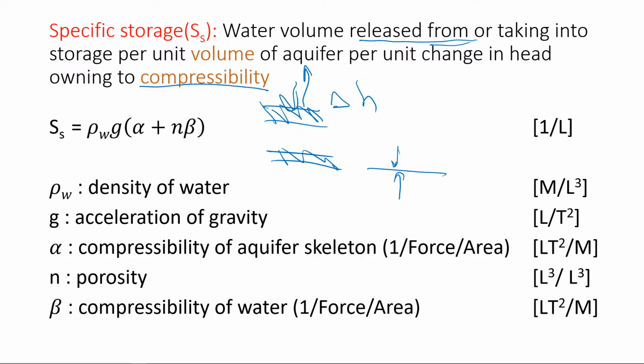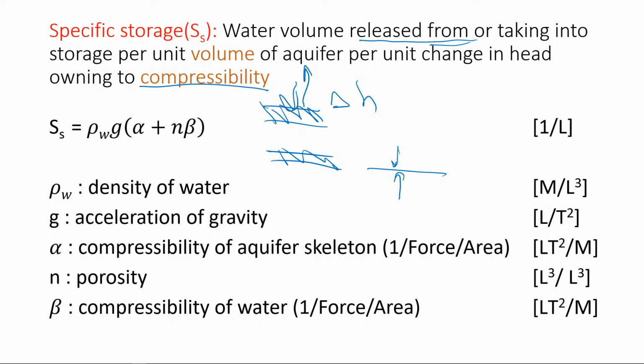If I increase the pressure, the water will get compressed. If I decrease the pressure, for example through pumping, the water will expand. So with a decrease in head, the skeleton compresses, and that reduces the effective porosity and will expel the water. The pore water will expand due to lower pressure. That's basically what will happen.